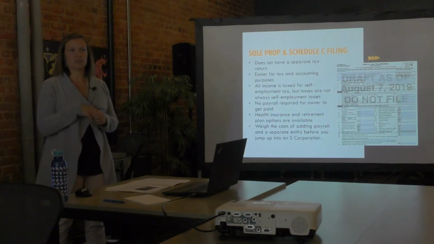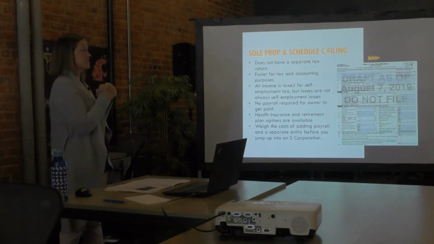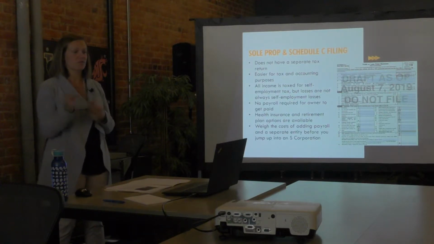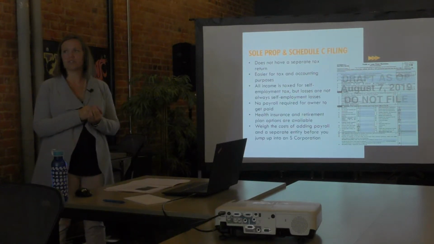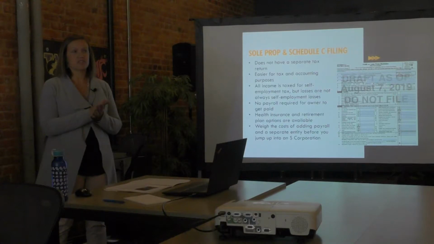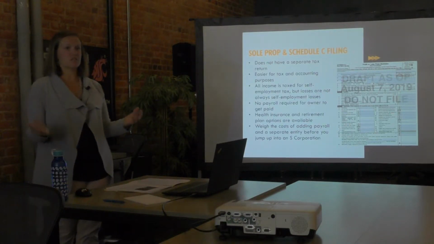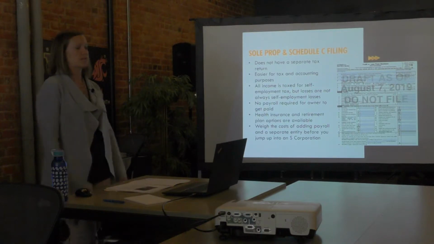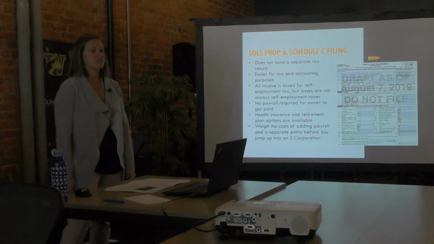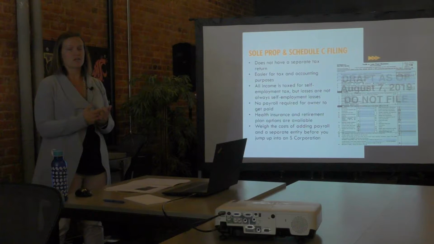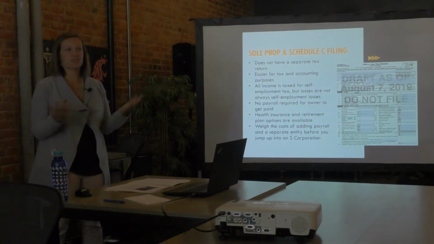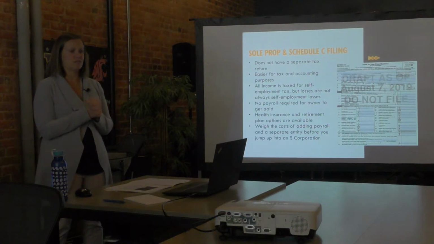It just flows directly to your personal charitable donation section. And that's the same with a partnership and an S corp. It'll flow right directly to your Schedule A, which is where those deductions are. And if you don't get above the standard deduction, you basically lose those, and you're paying self-employment tax on them. So those are just some considerations when it is a flow-through entity or on your personal return, to consider what kind of entity.